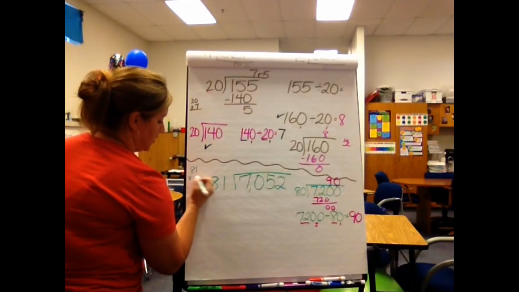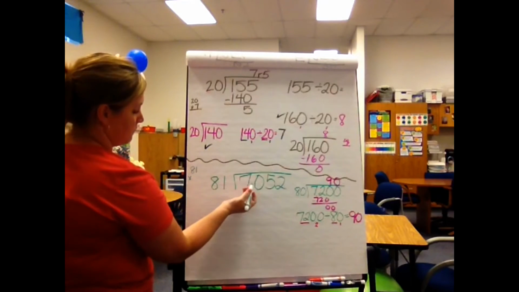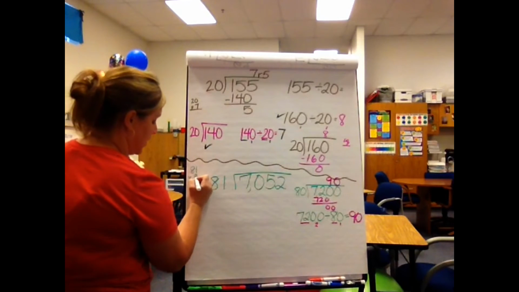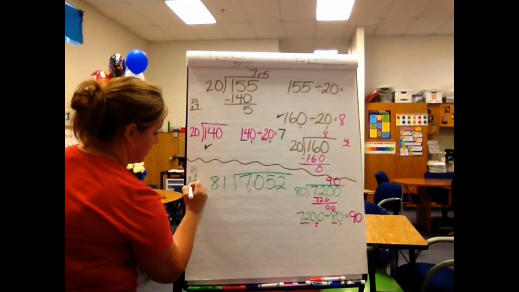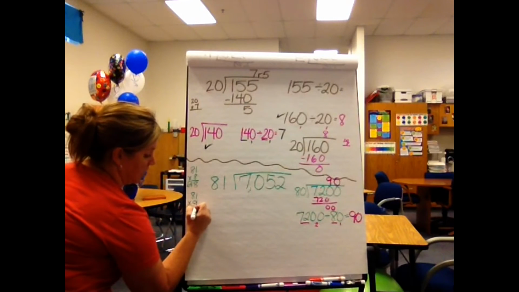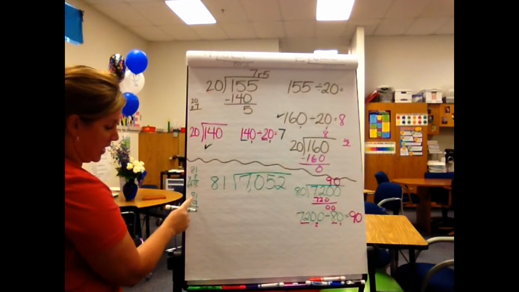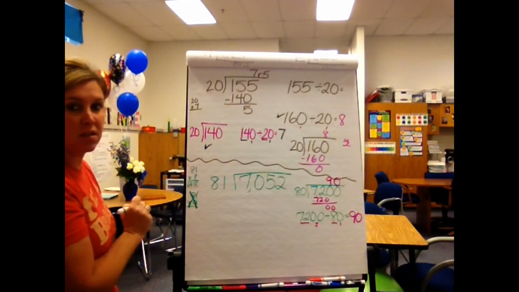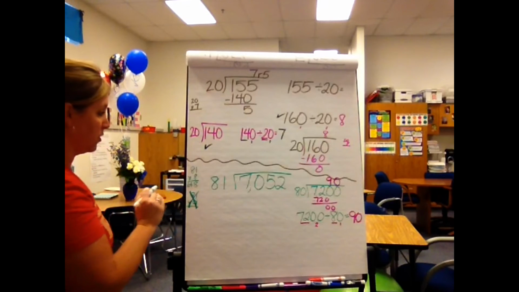So 81 times 8, I'm going to try 8. I'll tell you why. 8 times 1 is 8, 8 times 8 is 64. If I were to try 81 times 9, I know that 9 times 8 is 72, and that's too much. So 81 times 9 for sure can't work.